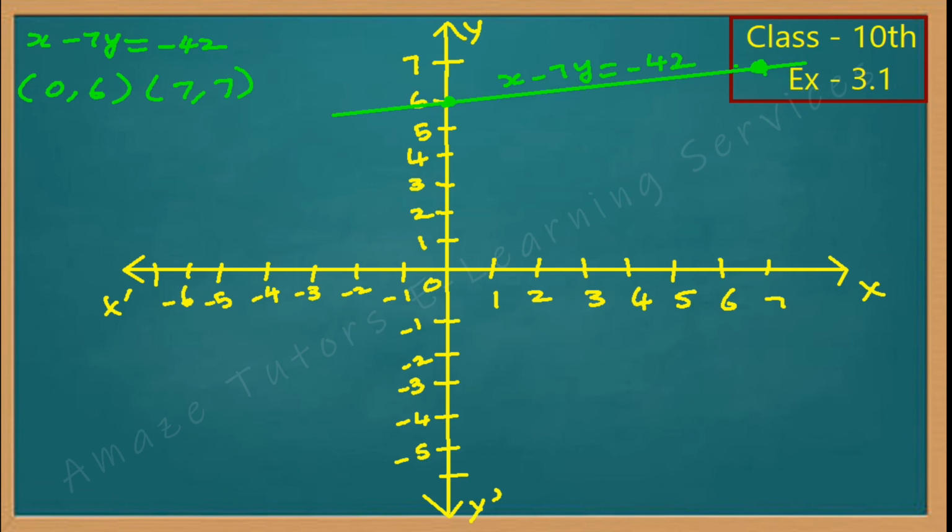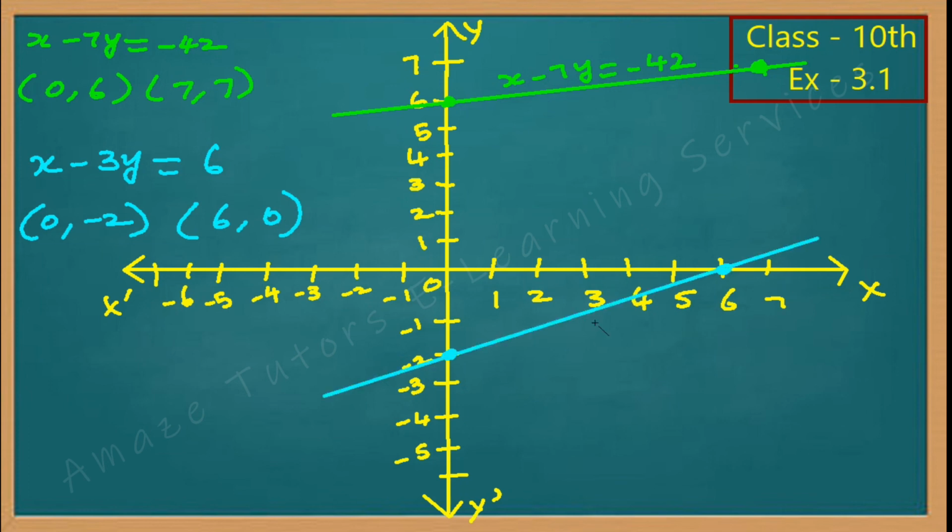Now, let me write the second equation. I am going to show that. x minus 3y is equal to 6. And the two coordinates we found in the table, 0, negative 2, 6, comma 0. Plot them. 0, negative 2 here. 6, comma 0 is this.